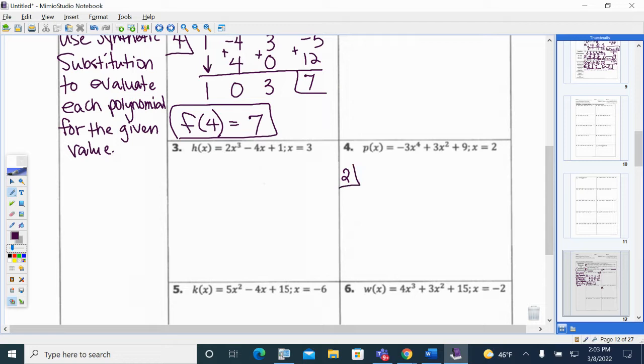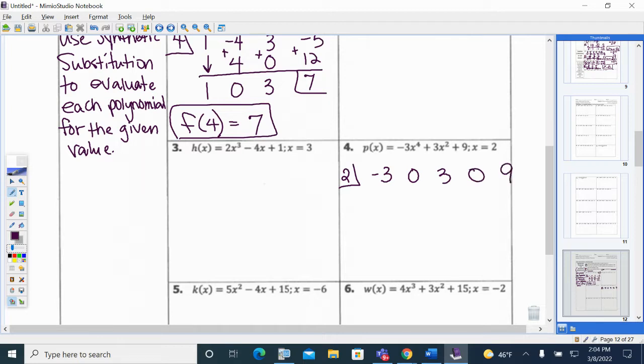Now, there are several missing terms here. And just like with our synthetic division lesson, you have to hold those spots if something's missing. So my quartic term, my x to the 4th term, is a negative 3. Next should be my cubic term. There's not one, so I'm going to put a 0. Next comes the quadratic term, then the linear term, which there's not one, and then the constant.